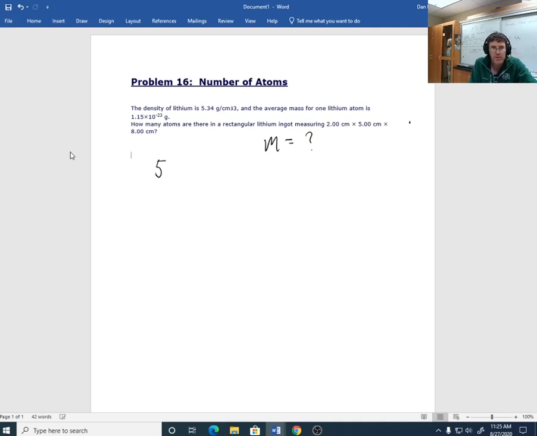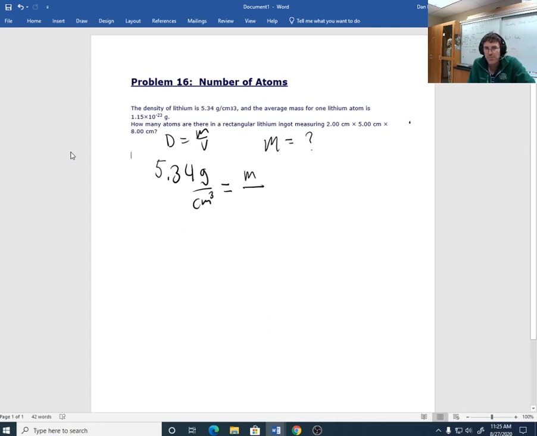We have 5.34 grams per cubic centimeter is our density, and density equals mass over volume. Our mass, we don't know, but our volume of a rectangular prism is length times width times height or thickness or whatever you want to call it.